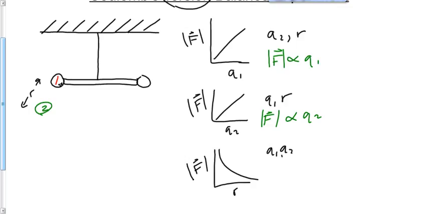This time he finds the relationship is not a linear relationship at all. This time he finds that it's inversely related to the square of the distance. As R goes up, F goes down.